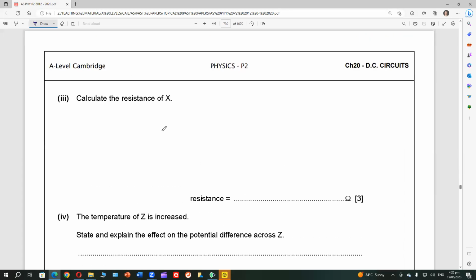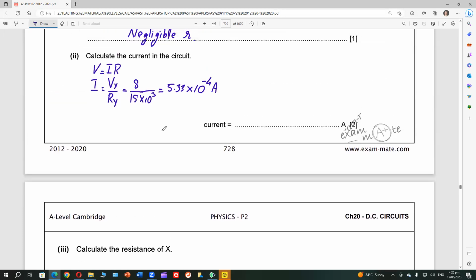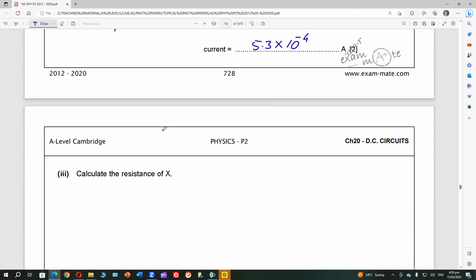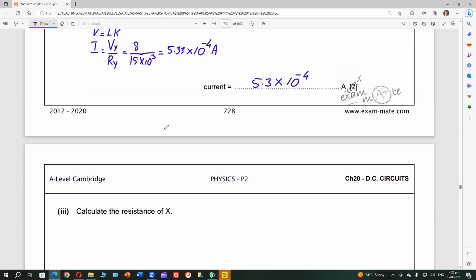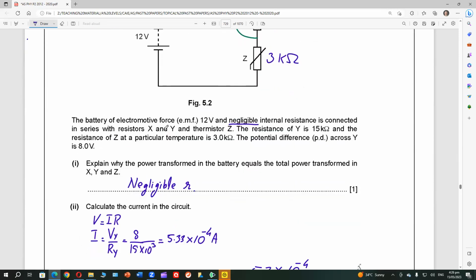Calculate the resistance of X. Now we have the current, 5.33, and we have the resistance we need to find for that.